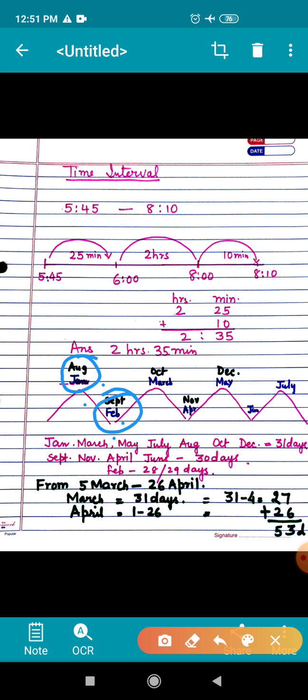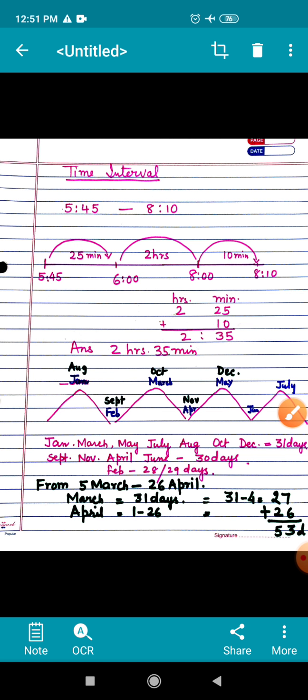So children, here January, March, May, July, August and October and December, these months have 31 days. September, November, April and June, they have 30 days, and Feb has 28 days or 29 days in a leap year. That you have to remember. Okay.